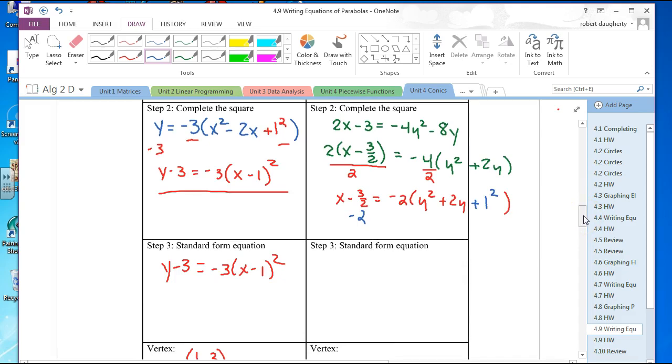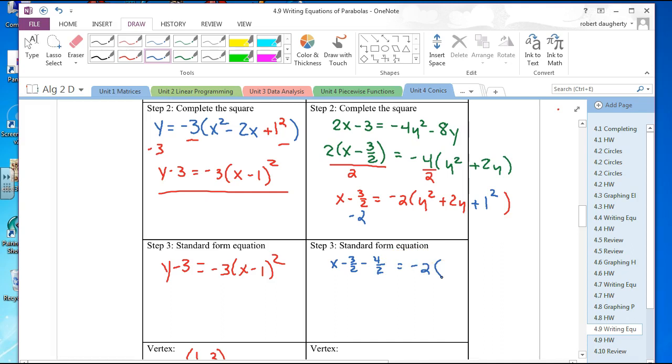Okay? So what this becomes is, let me take up a little bit more space here. So this is x minus 3 halves. What's another way of writing 2? It's how many halves? 2 is what? 4 halves? So that's x minus 3 halves minus 4 halves equal negative 2. And then what's in the parentheses there?